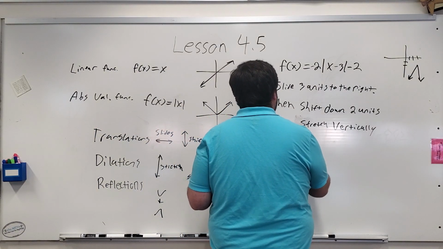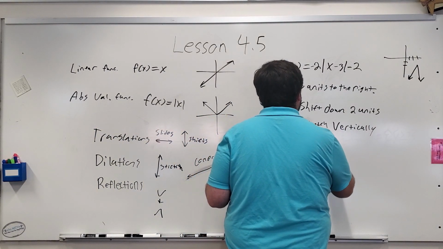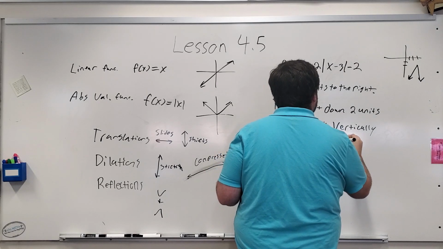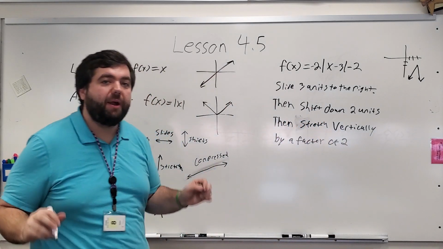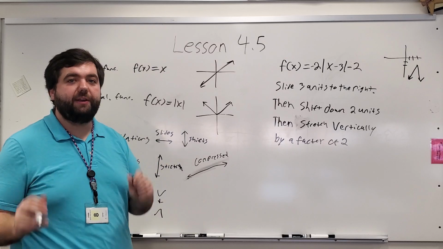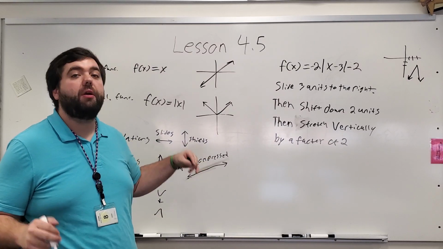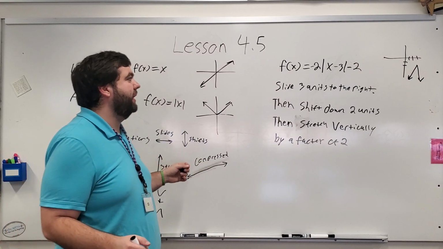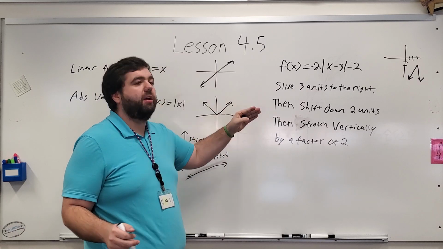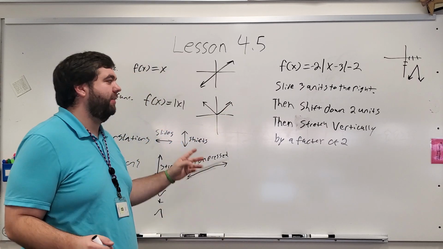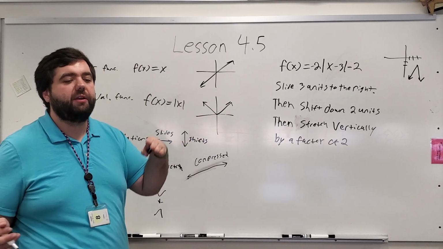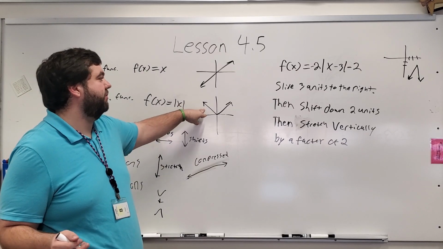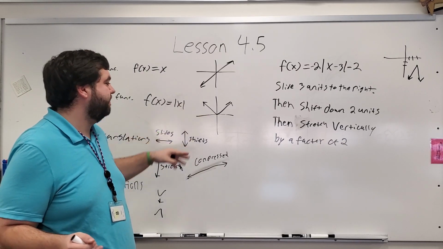And it's by a factor of 2, okay? By a factor of 2. When you hear factor, what do you think of? Multiplication. And that makes sense, right? Because now every time I plug in, I'm increasing by that factor of 2. I'm doubling what I would have got if it was just my parent function.